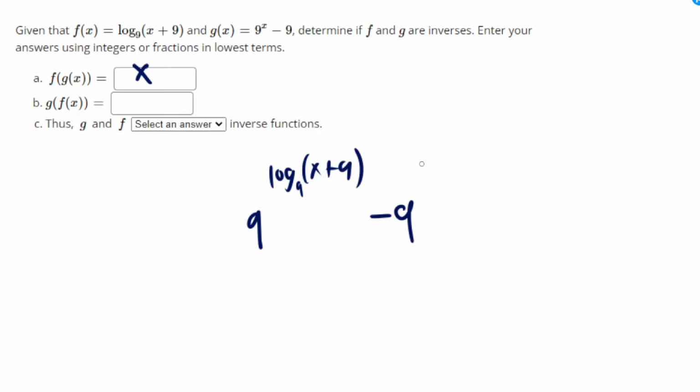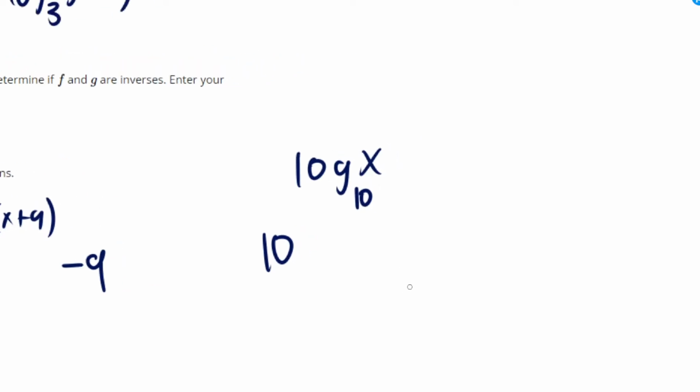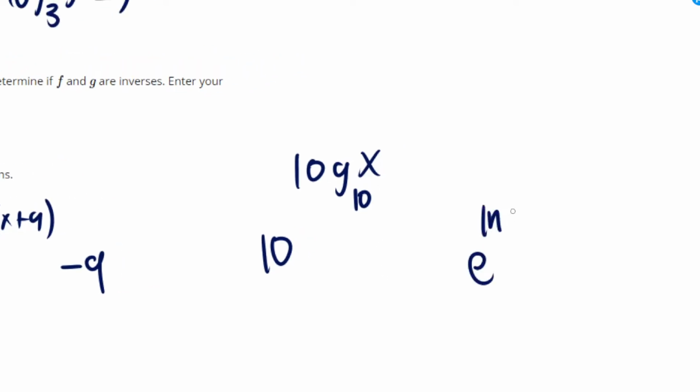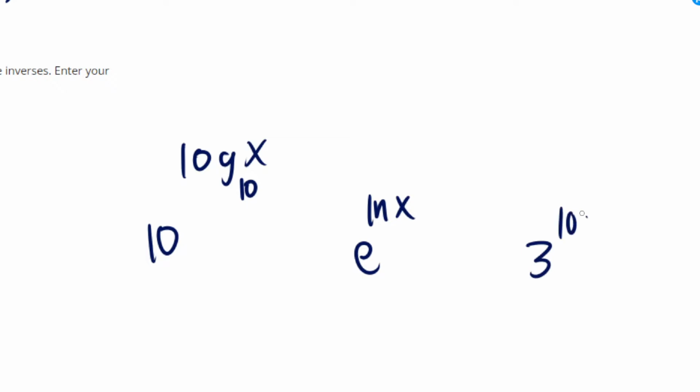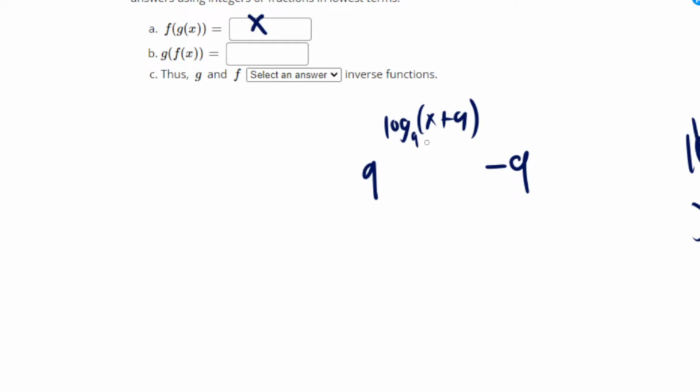Basically, when you have 10 to the log base 10, or e to the ln of x, or 3 to the log base 3, where the base is raised to the exponent of a log with the same base, these are going to cancel out. So you'll be left with x in this case, because ln is log base e, and log base 10 will cancel out with 10, leaving you with x in all of these cases. This is the same case here. These will cross out, leaving you with x plus 9 minus 9, which leaves you with x.